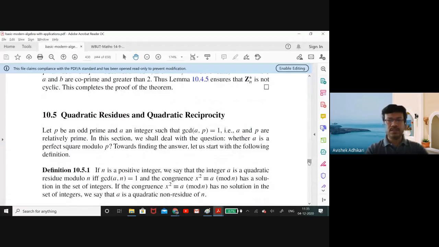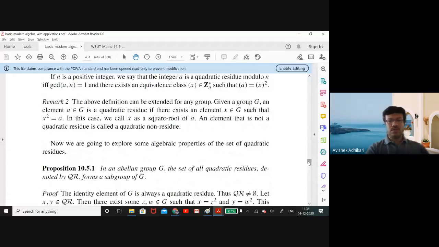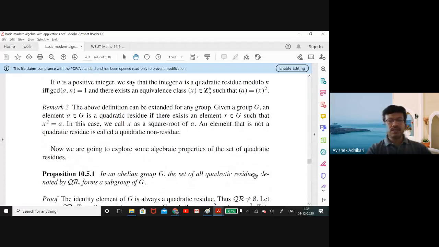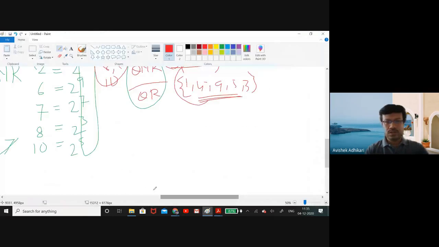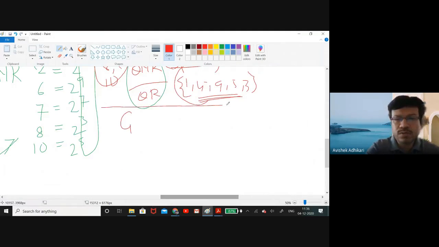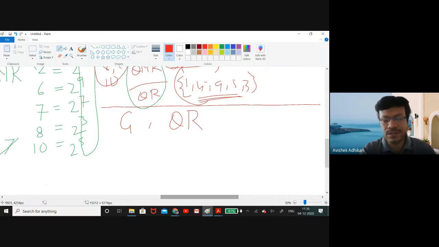In an abelian group, the set of all quadratic residues, denoted by QR, forms a subgroup of G. So suppose G is an abelian group and QR denotes the set of all quadratic residues. Here it's an arbitrary group, so you don't need to have some modulo. Suddenly, QR must be a subset of G, no doubt. Now, the first question is whether QR is non-empty or not. It may happen that QR is an empty subset of G.